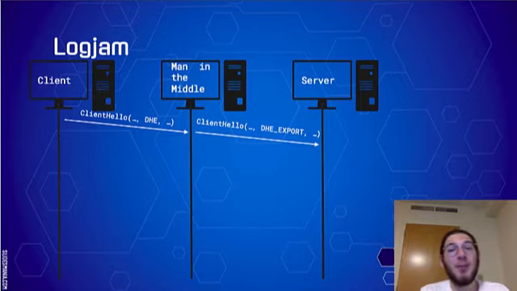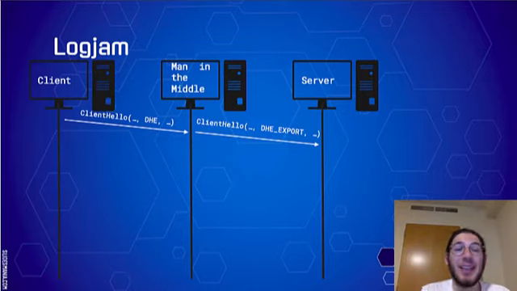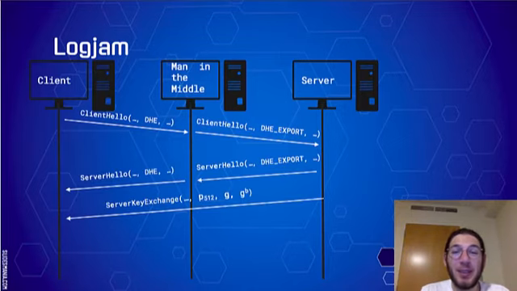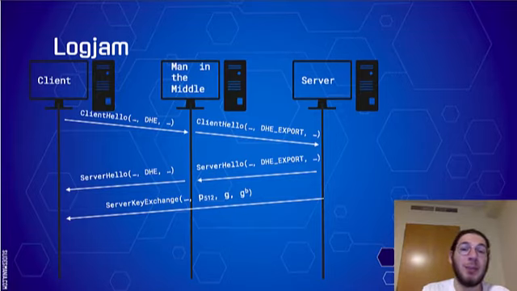If in the year of 2022 the server still performs export grade Diffie-Hellman key exchange, then it sends back the server hello message, and you can see that it has picked export grade Diffie-Hellman key exchange because that was the only option given. Man in the middle again intercepts this message, and in place of export grade Diffie-Hellman, it puts regular Diffie-Hellman and sends that message to the client.